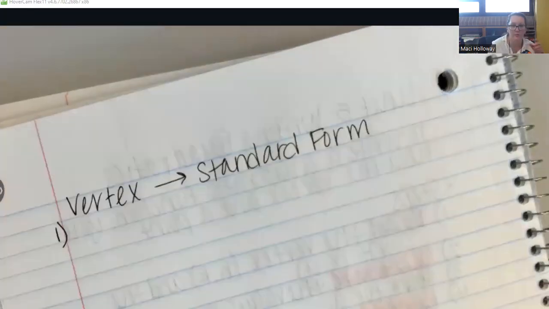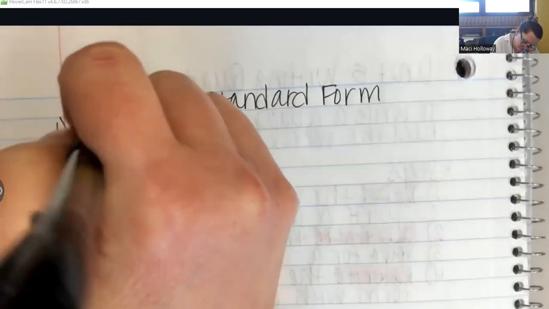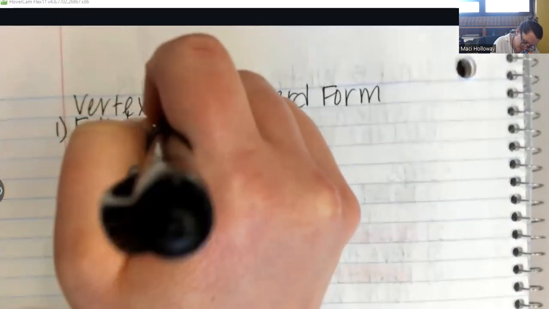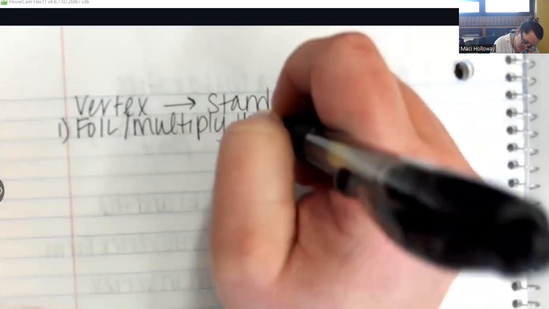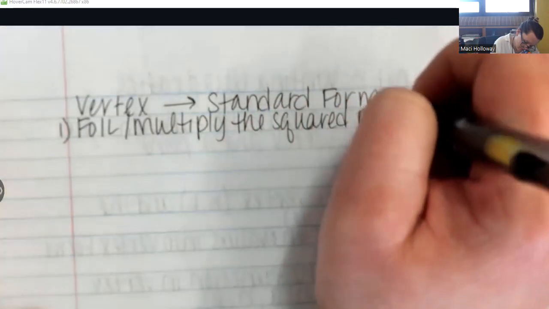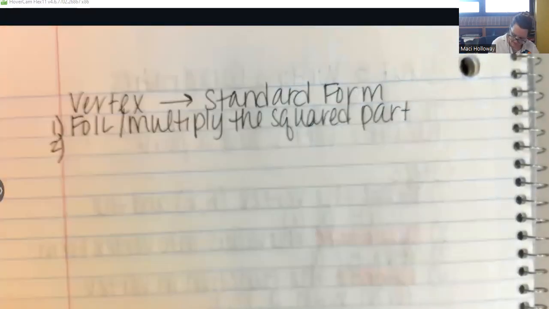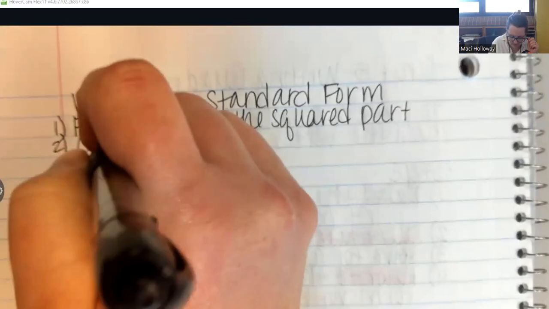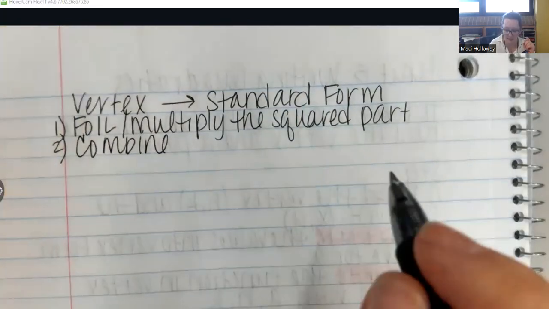You're going to FOIL or multiply the squared part. And the second step is combine like terms. So not too many steps. It's just that sometimes it can be tedious.